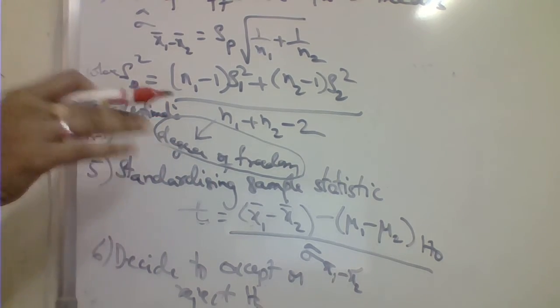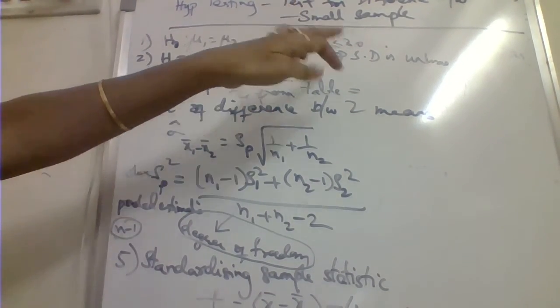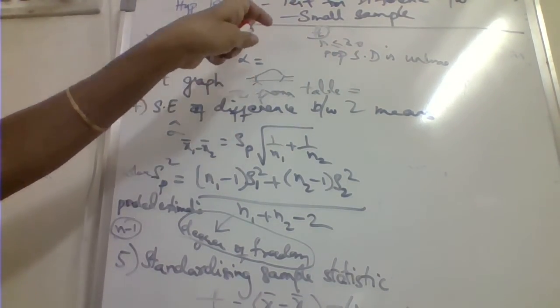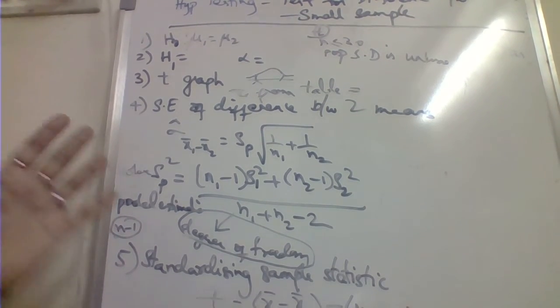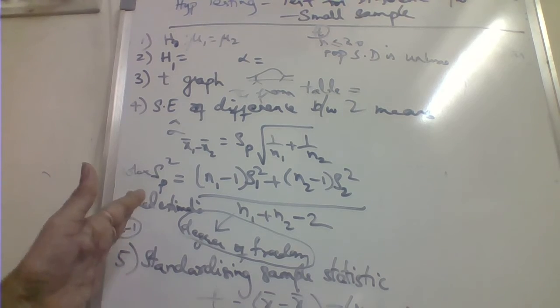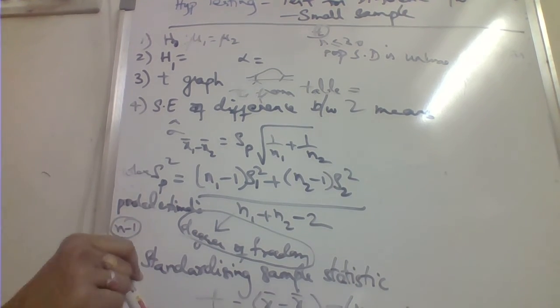This is the procedure you follow for hypothesis testing of difference between means when it is a small sample: small sample and two samples. I'll send you the problem. Go through it, it is very simple, only these steps. I told you at the beginning that you have 6 steps.